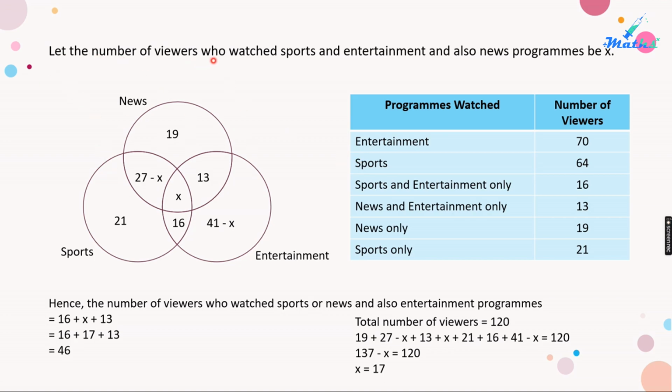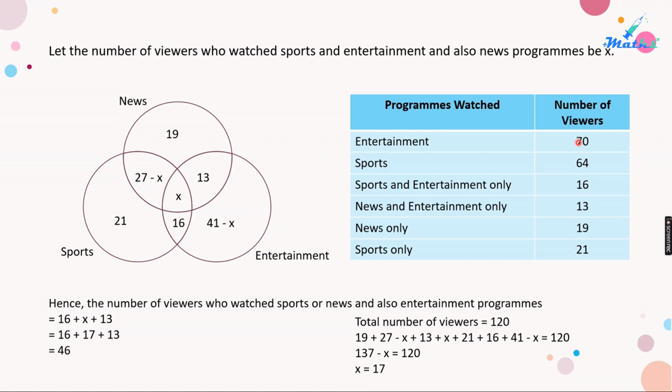Let the number of viewers who watch sport and entertainment and also news programs be X. So for the 90 and 60 and 30, the question already gives them. So we're going to do the entertainment first.